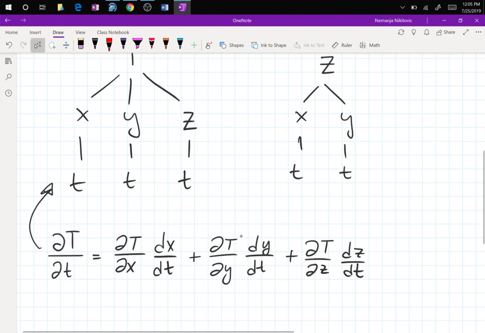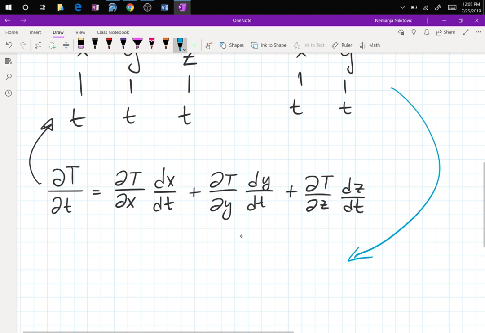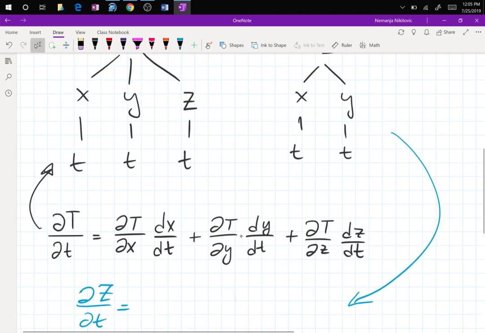So that's that one. Now, the other one, let's go blue, would be change in z in time, and it's exactly the same thing.